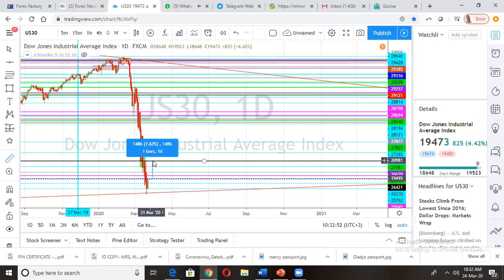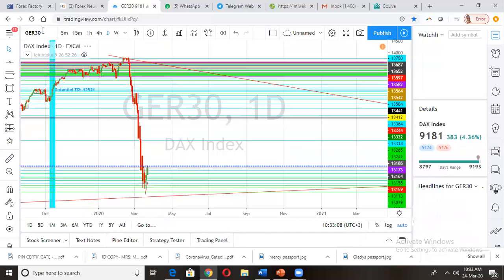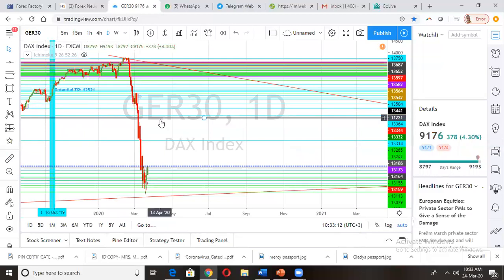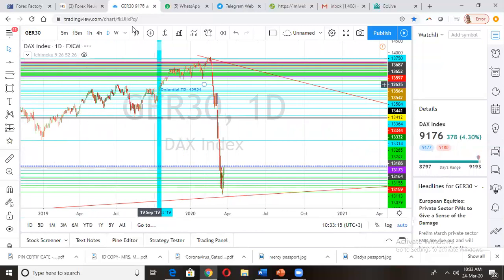So I'm seeing like a 1,500 pip move on the indices on US 30 specifically, Euro USD potential 180 pip, 200 pip move. But I like to just confirm and reconfirm. So let's look at GR30, according to my chart. So let's see. Let's look at the weekly.